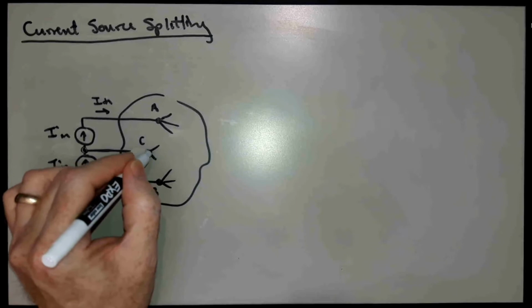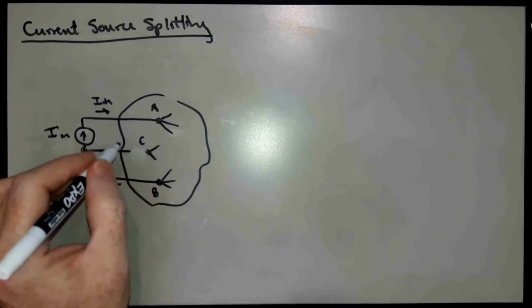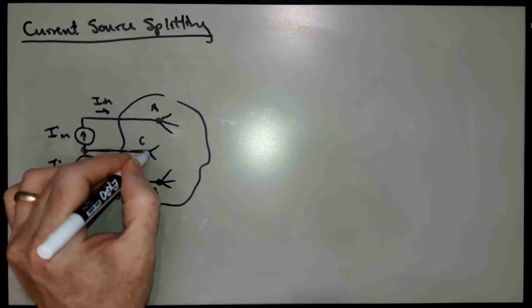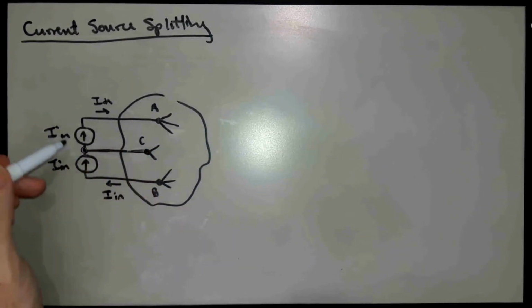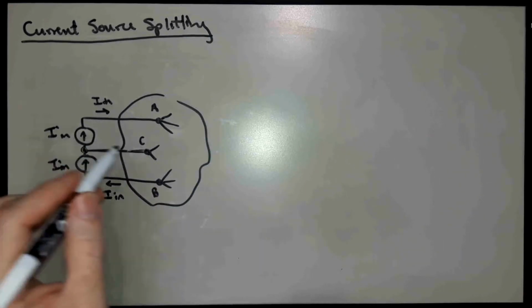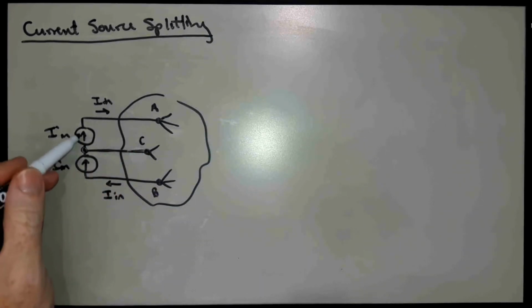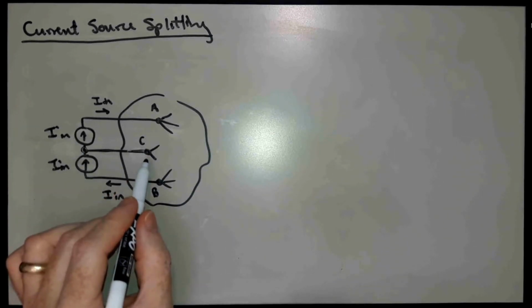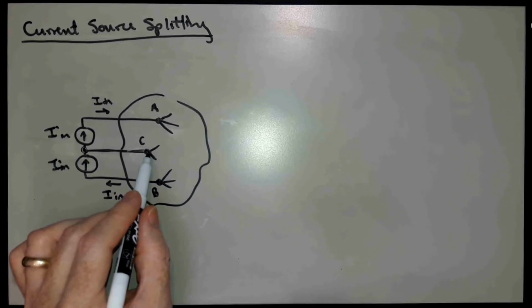Whatever current was flowing in is equal to the current flowing out. And here, because KCL was satisfied at this indeterminate node, it contributes no current here. If you like, we're adding and subtracting I in. And that means that we haven't changed the KCL equation for node C.